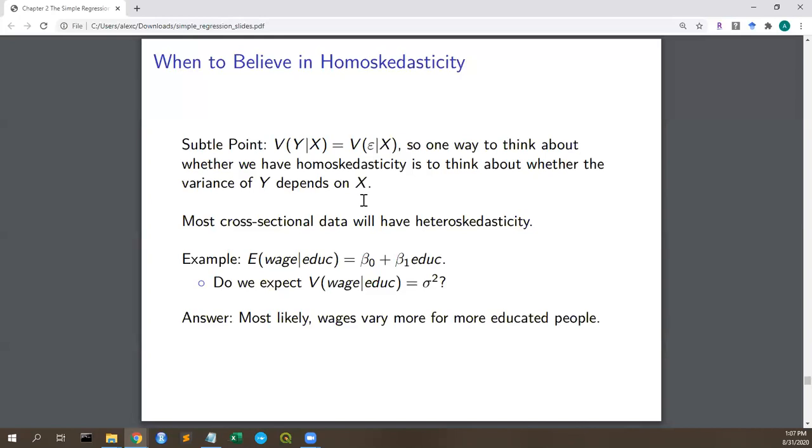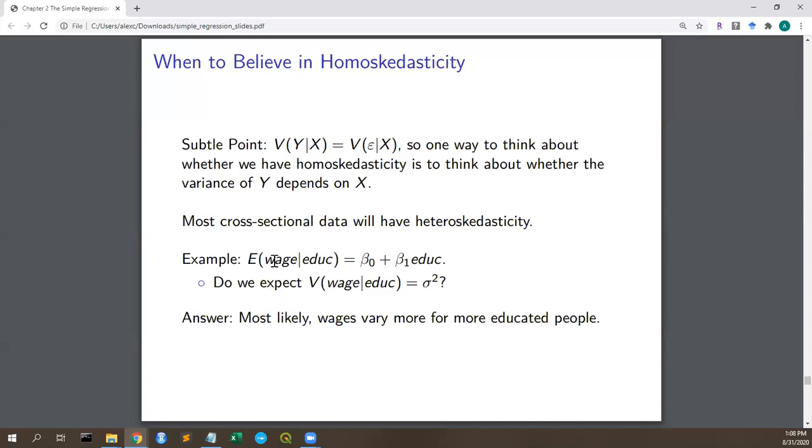Is there a relationship between house price variance and square footage? And I would probably venture to say yes. If you have more square footage, you probably have a larger variance because you're bounded at zero, right? At $0.